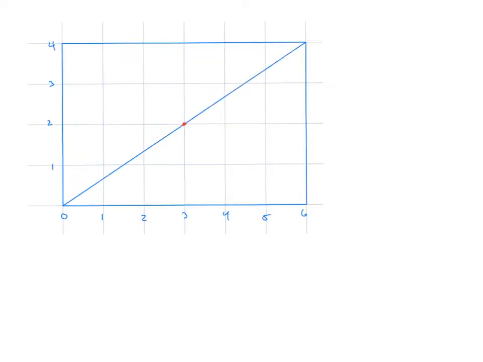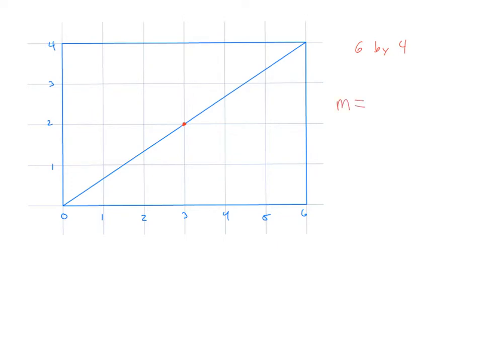So here's a situation where we've got a 6 by 4, okay, and 6 and 4 are not relatively prime, so that's how we're going to attack this.